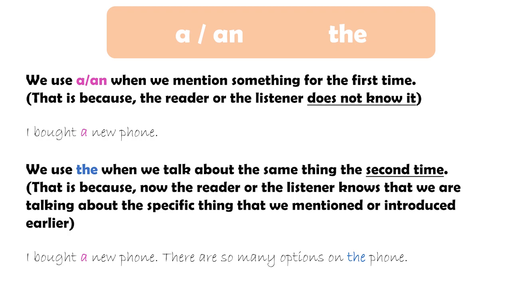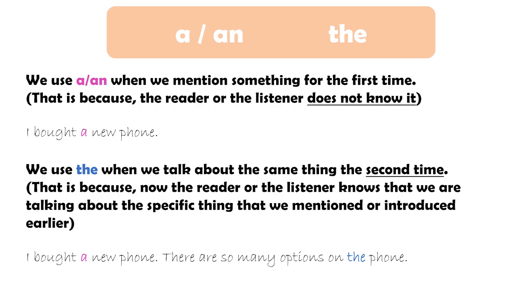I bought a new phone. There are so many options on the phone. Now look at the second sentence. We used the in the second sentence. Why is that? Because we're now talking about the phone that we mentioned earlier, because we're referring to that specific phone that we introduced in the previous sentence.